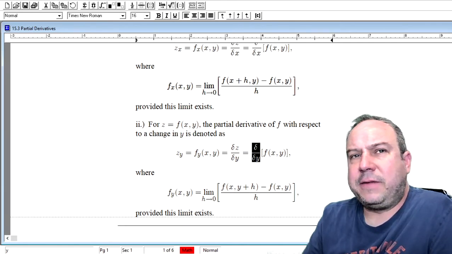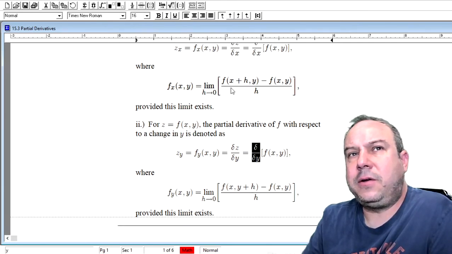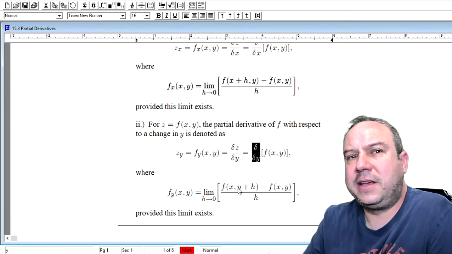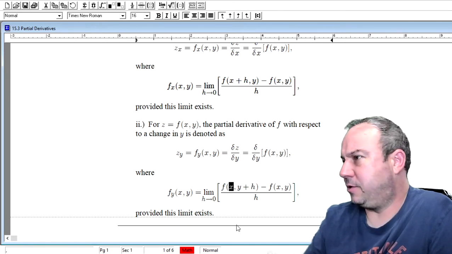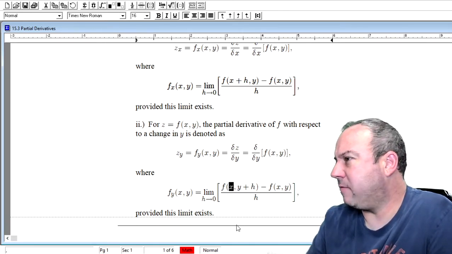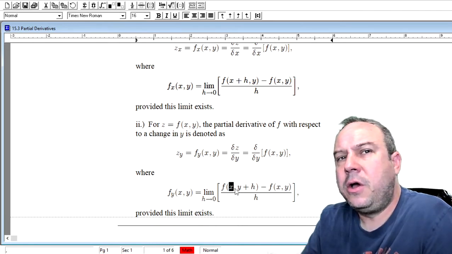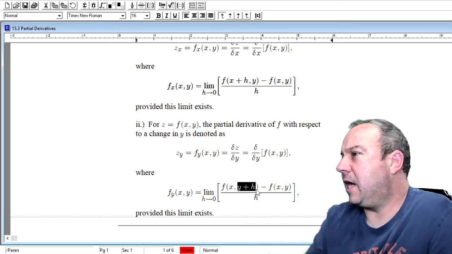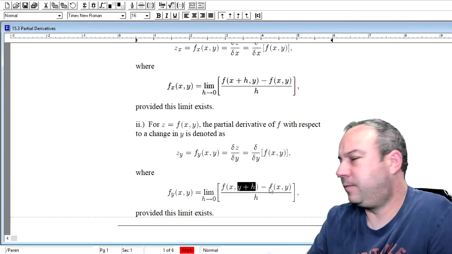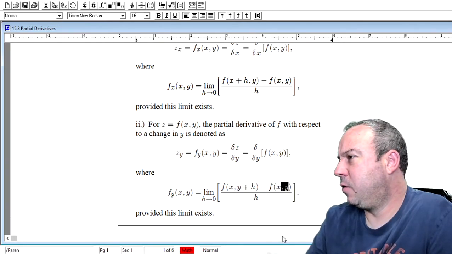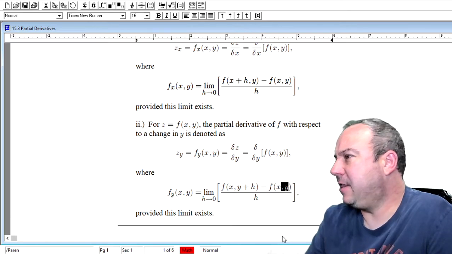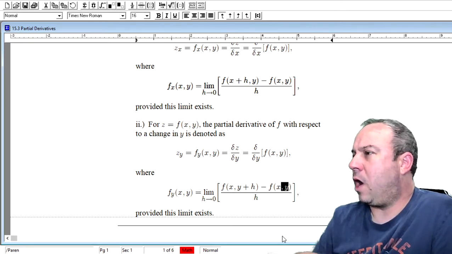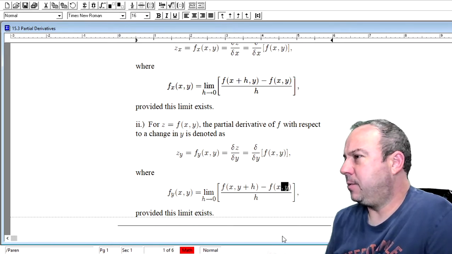In terms of how we define this, notice the difference. The only difference is instead of having x change in our average rate of change calculation here, we're strictly going to make y change. All right? We're going to look at a change on this surface where only y is going to be allowed to change.